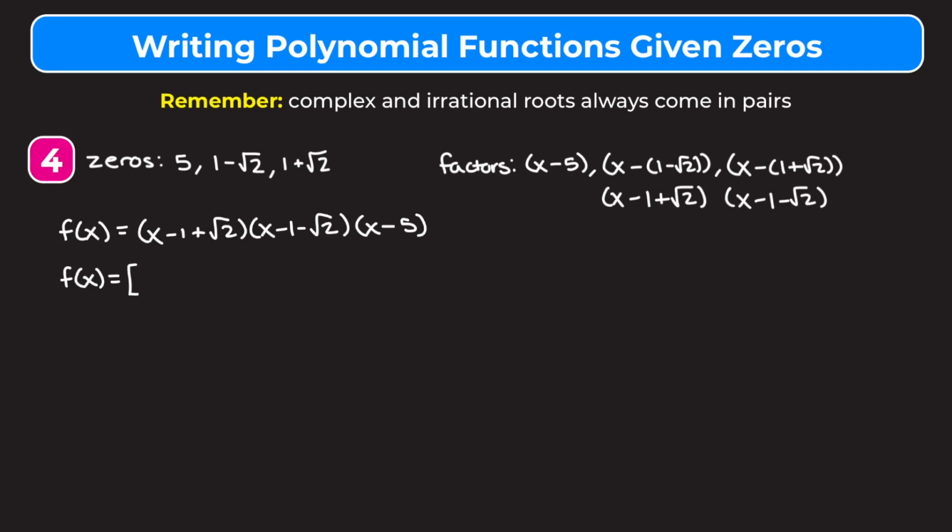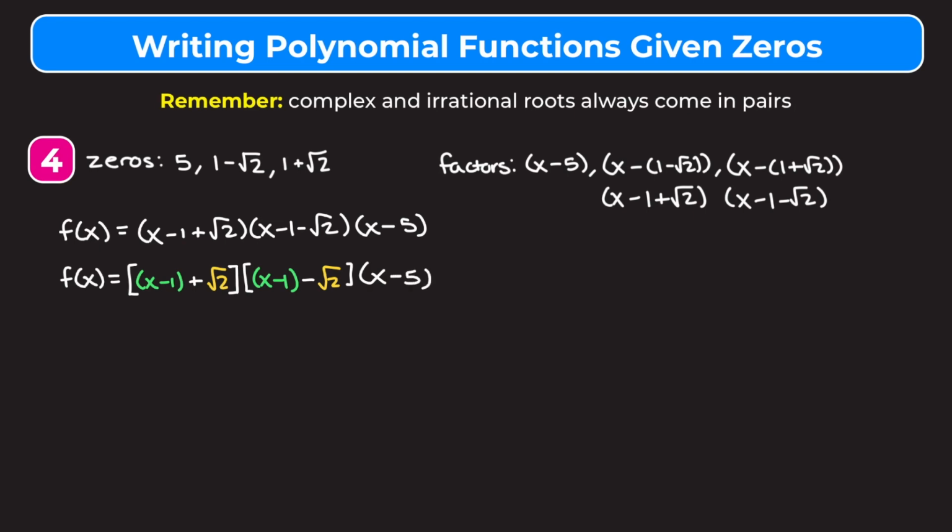So we're going to think of this first set of parentheses as x minus 1 plus the square root of 2. And then the second one we're going to think of as x minus 1 minus the square root of 2. And then we still have this x minus 5.